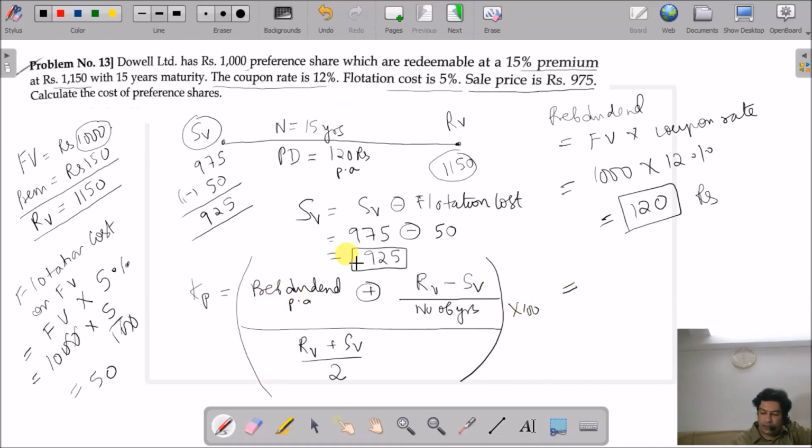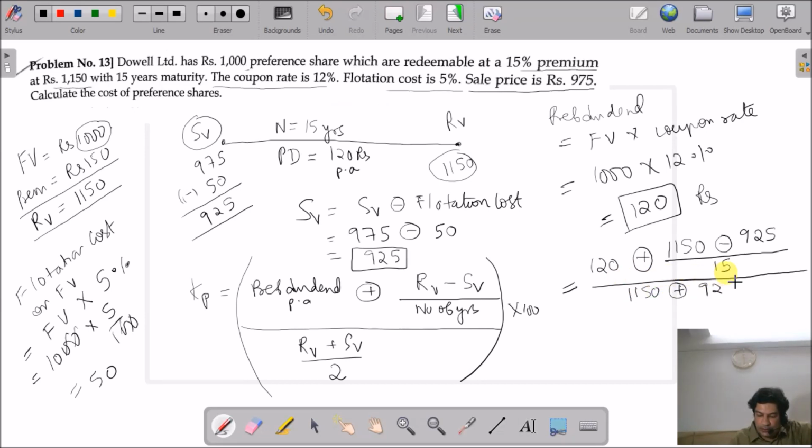So the preference dividend is 120, so 1000 into 12%, let me check, okay, 120. So 120 is the preference dividend plus the redemption value, which is 1150, minus the sale value, which is 925, divide by the number of years, which is 15 years, upon redemption value 1150 plus the sale value, which is 925, and this you have to divide by 2.